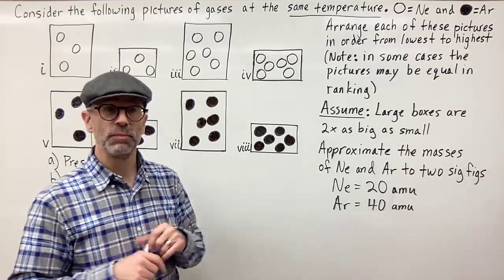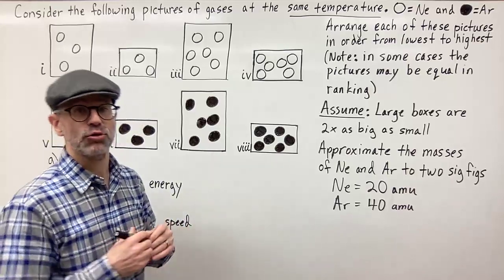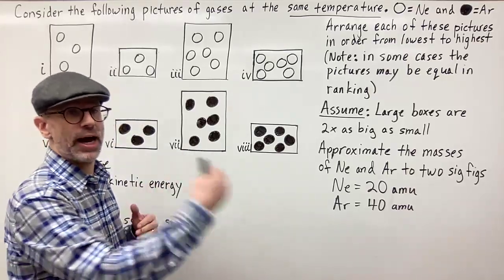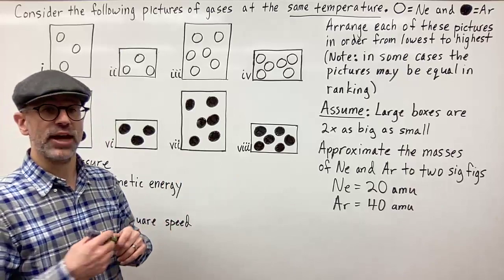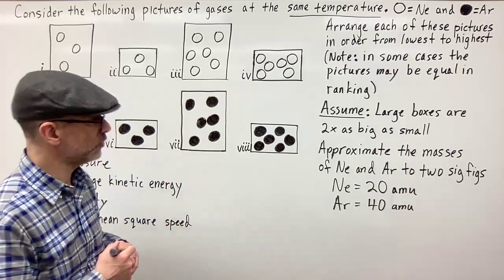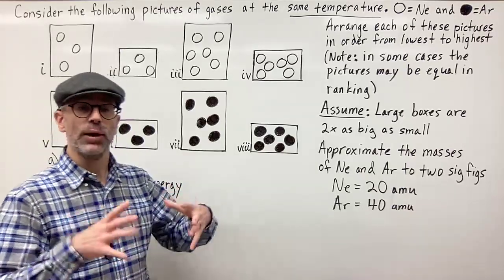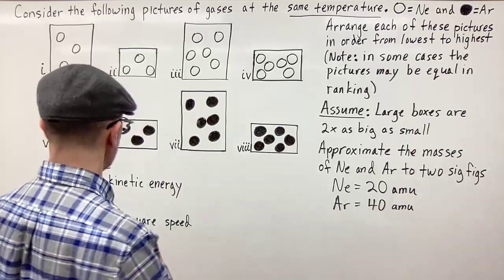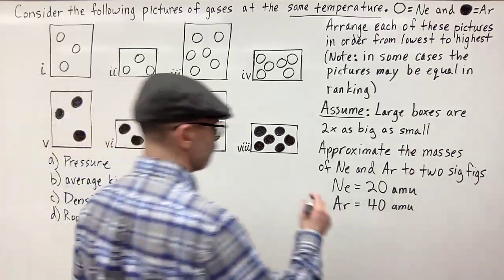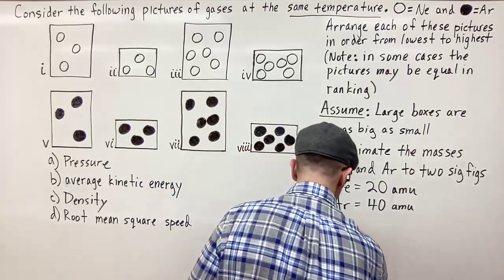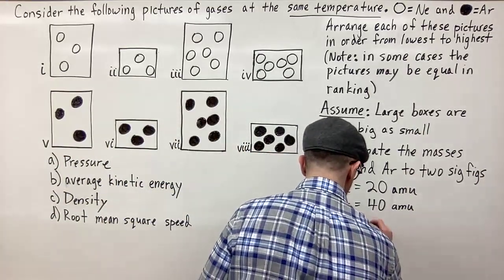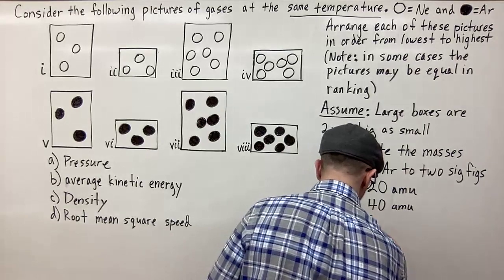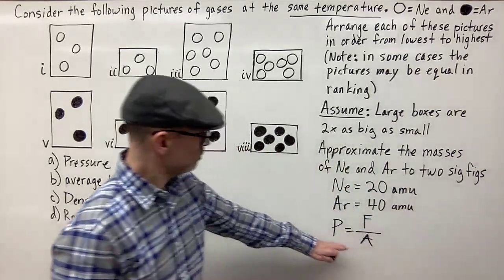All things being equal. So we want to go from the lowest pressure to the highest pressure. So that means that pressure is going to be lowest when the box is largest and you have the fewest amount of particles. Why can I say that? So if I write down here, remember that pressure is equal to force over area.